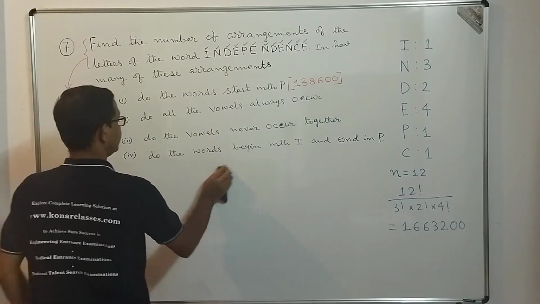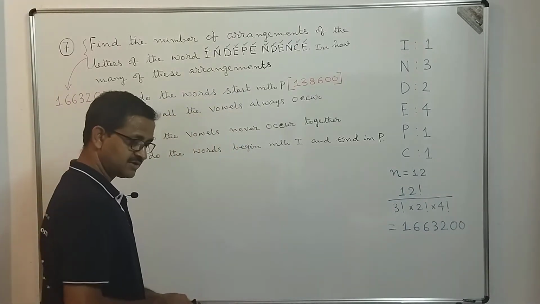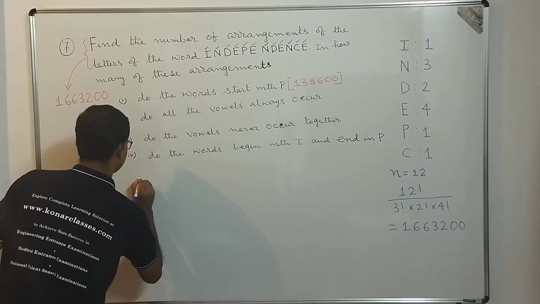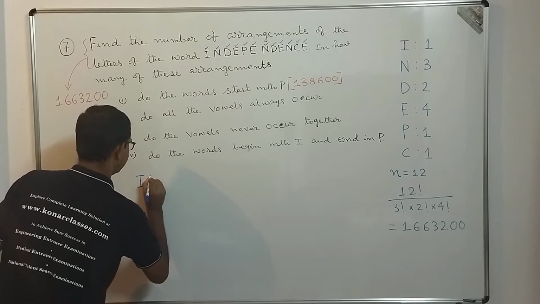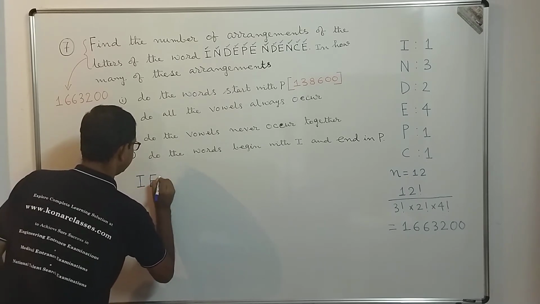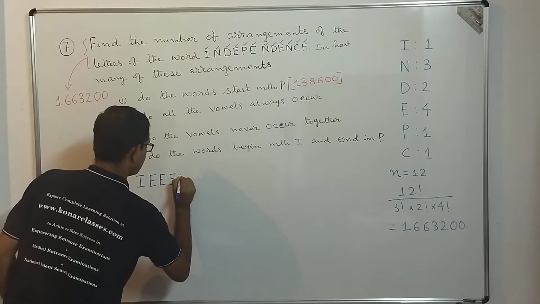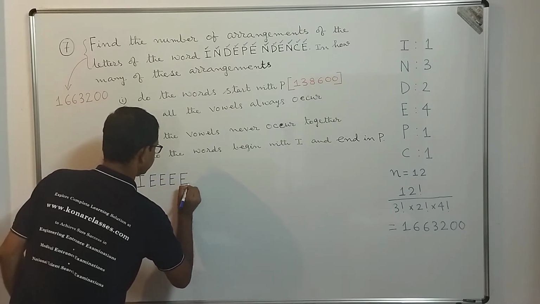Look here, out of these 12 letters, I is there, and there are 4 E's. So these are the 4 E's.